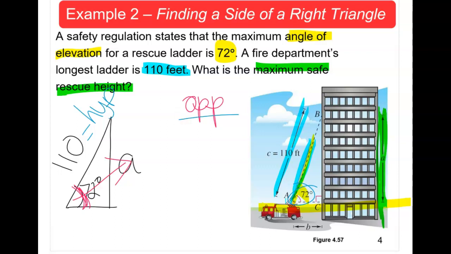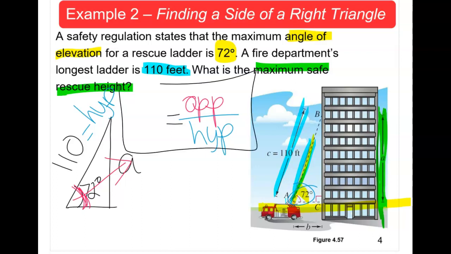And so which of our 6 trigonometric functions will require us to use opposite and hypotenuse, defined as opposite over hypotenuse? The answer is sine. And so we happen to have an angle right here, so the sine of 72 degrees.